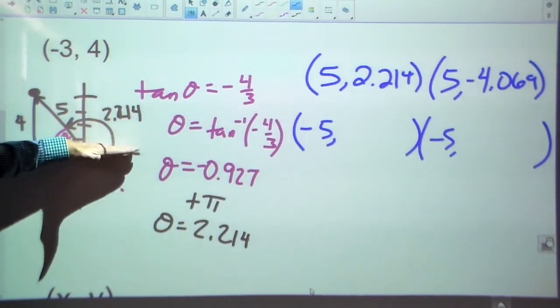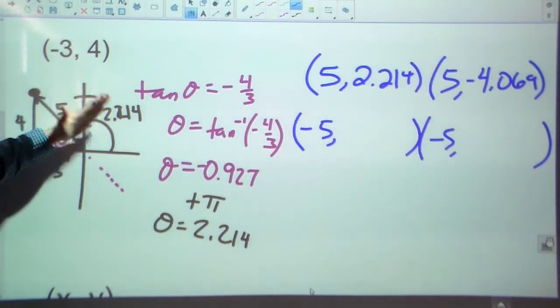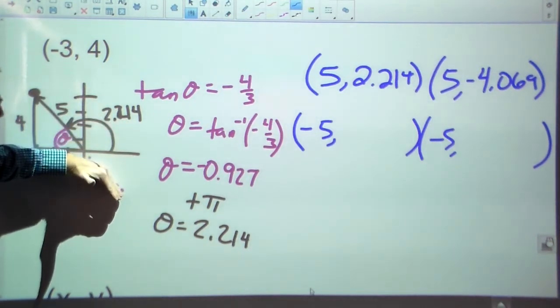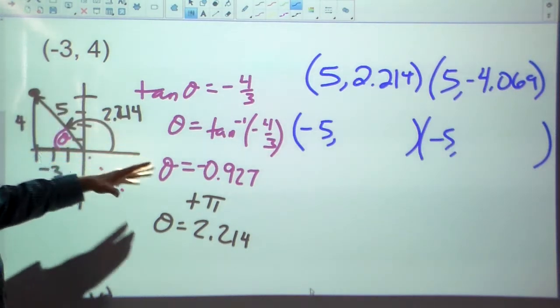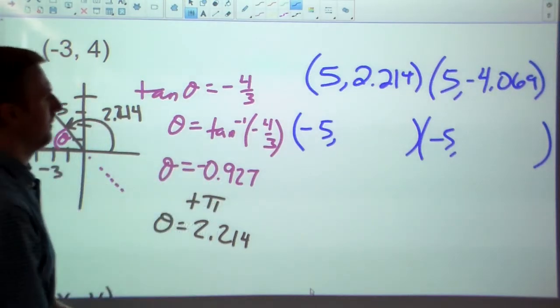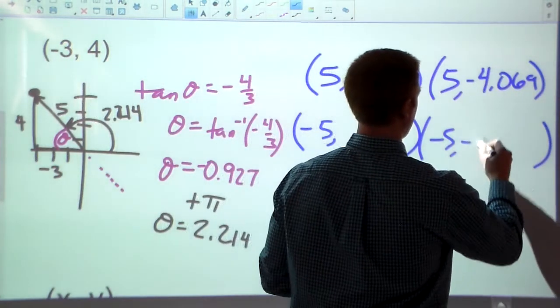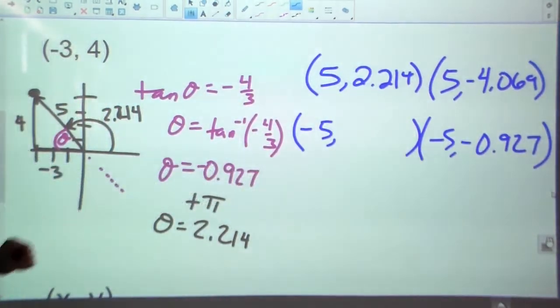So if I wanted to go this way, to get a radius of negative 5, I need to actually end up down here. And then negative 5 will put me back in the direction I need to be in. Well, we've already got this angle down here. It's negative 0.927. So we'll try that one. And we'll put it over there where both cases are negative.